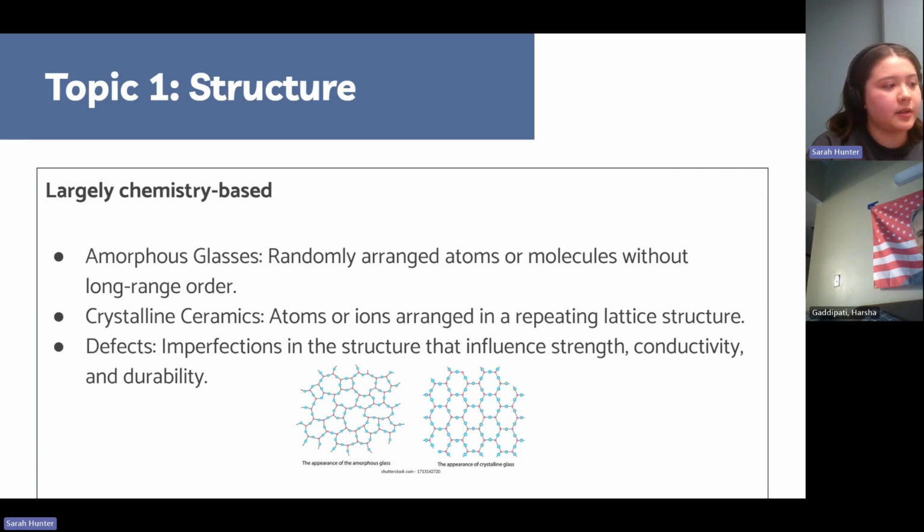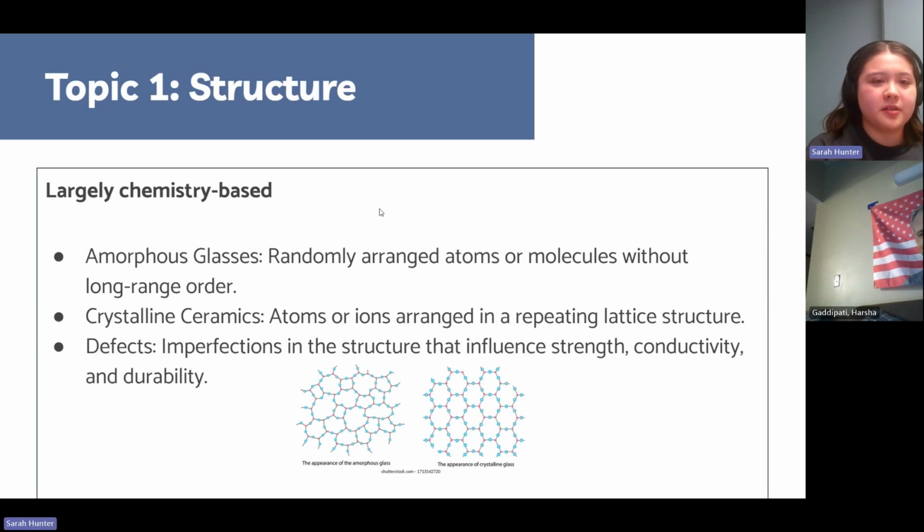The topics are structure, processing of ceramics and glasses, characterization, mechanical properties, thermoelectrical properties, and applications of ceramics and glasses. So really, it's a lot of chemistry and some physics as well, mostly pertaining to ceramics and really at the atomic level a lot of times.